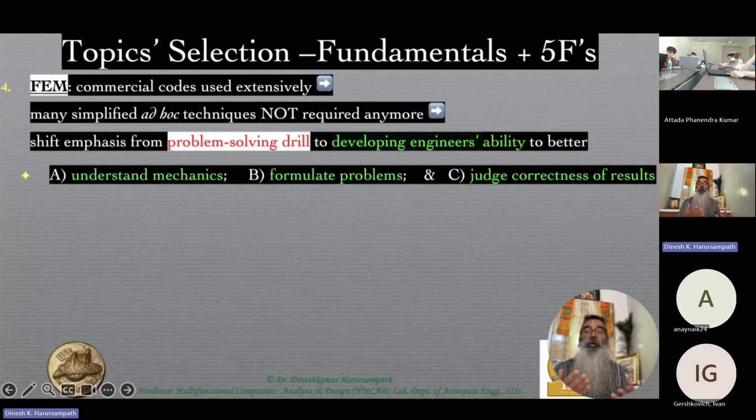And this is not applicable only to finite element methods or structural analysis, but CFD in the case of fluid mechanics or any other thing, even beyond aerospace engineering. Almost all branches of engineering are moving away from the problem solution procedure, the solution techniques, etc. To a large extent, they're taken care of by mathematicians and coders, who implement their algorithms, and which are available as commercial software packages, or even in open source.